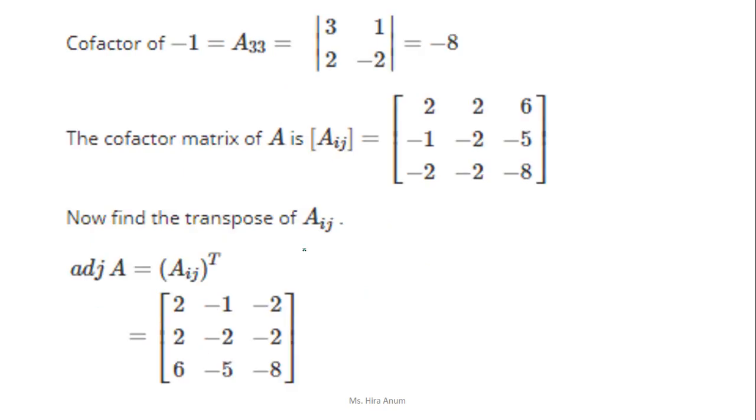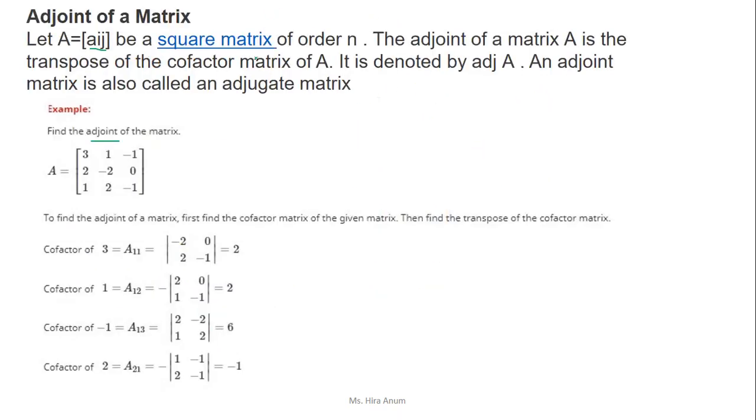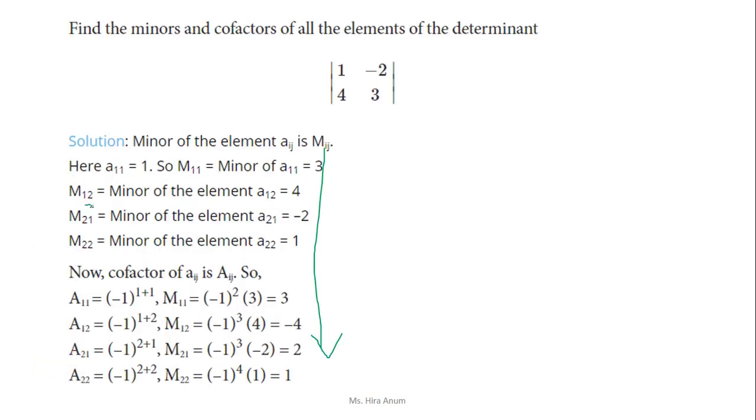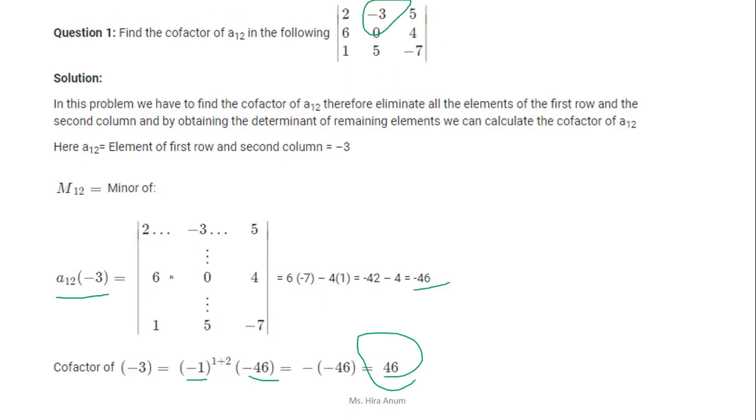Then you write this. You have minor numbers like 1, 1. You find minor numbers. Then multiply with minus 1 power, which becomes cofactors. You have order. You can see this. You have order 1, 2.